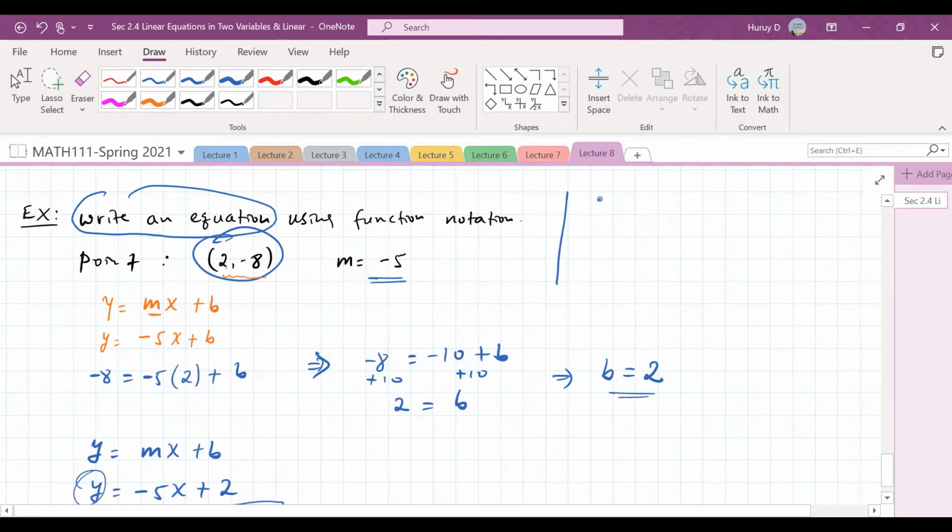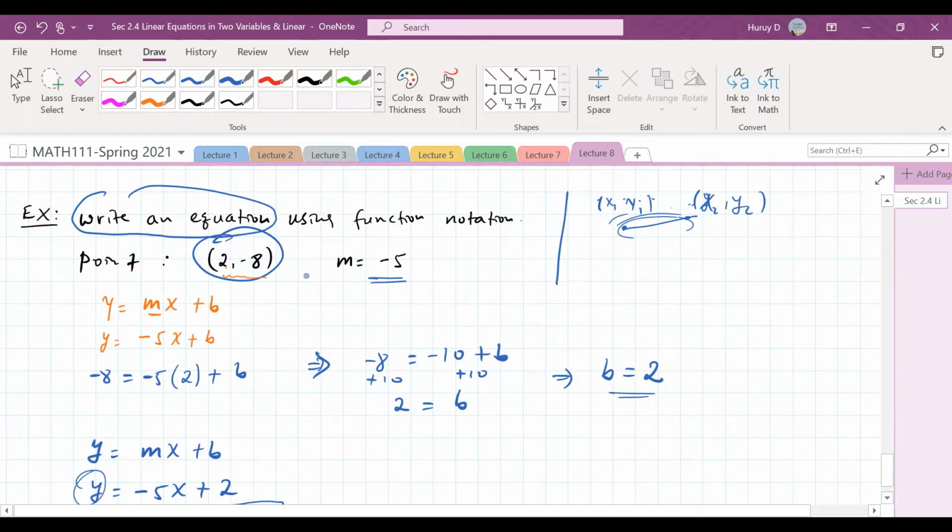If I give you, for example, 2 points, x1, y1, and x2, y2, if we know the line passes through these points, then without any other information, we can find the equation of this line. Just if we know 2 points that the line passes through, then we can find the equation.